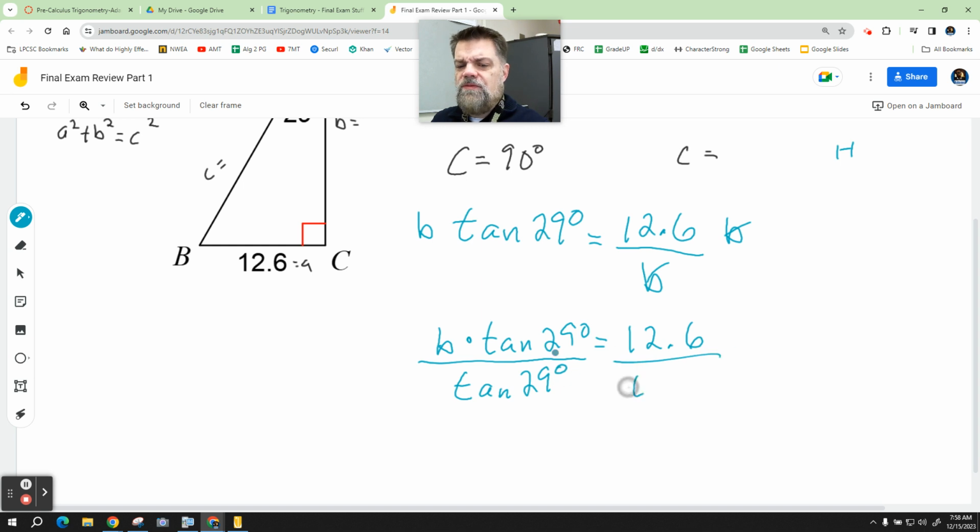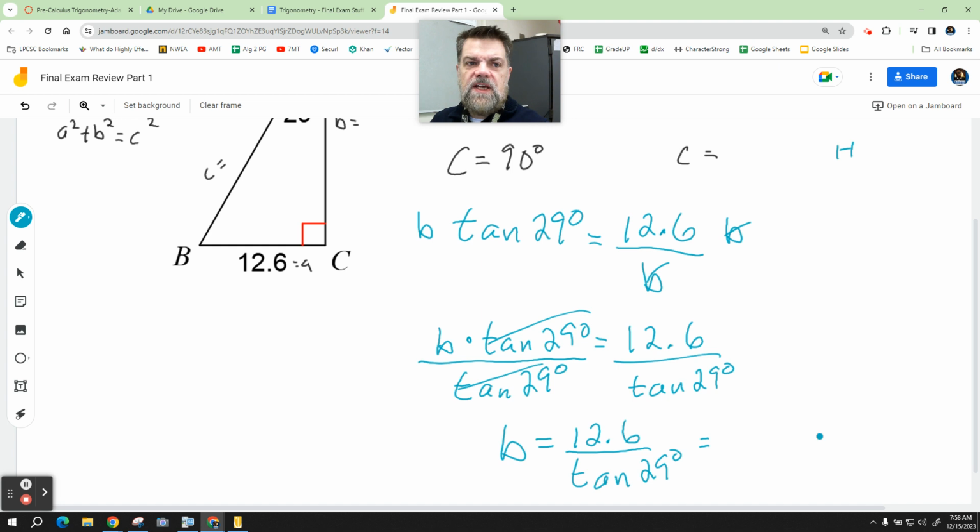It seems a little foreign, but tangent of 29 degrees is actually a number. I've got to plug it in the calculator to figure out what that number is, which we will do in about 2 seconds. But basically, I have effectively solved for b.